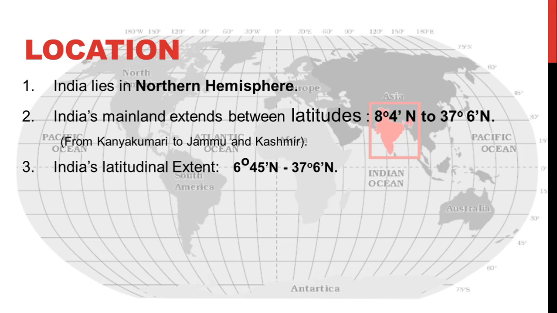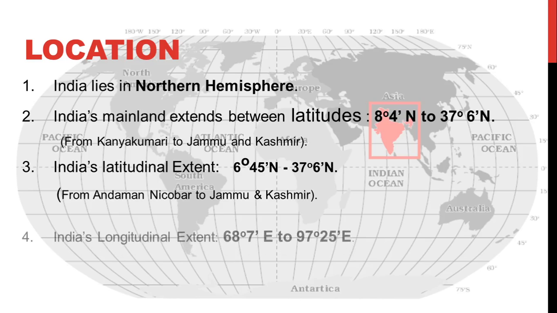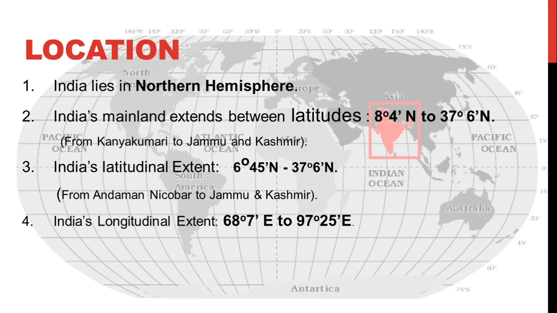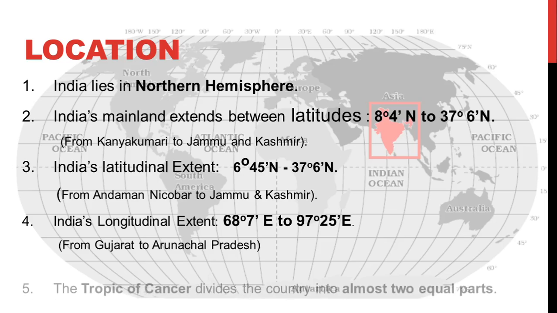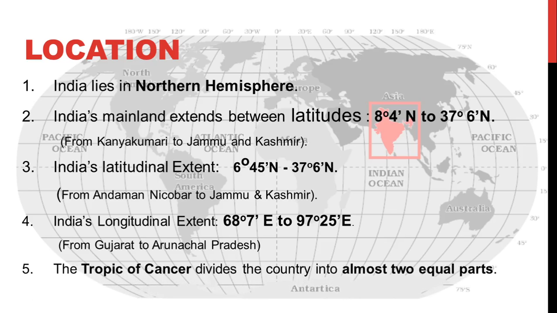India's latitudinal extent is 6 degree 45 minutes north to 37 degree 6 minute north, from Andaman Nicobar to Jammu and Kashmir. India's longitudinal extent is 68 degree 7 minute east to 97 degree 25 minute east, from Gujarat to Arunachal Pradesh. The Tropic of Cancer divides the country into almost two equal parts.